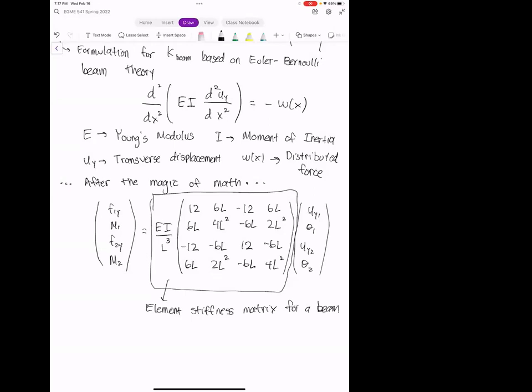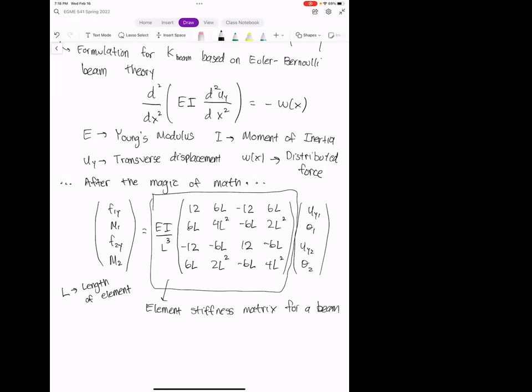The only thing I haven't defined here yet is L, but L has the same interpretation as in our truss. So L here is simply the length of the element. And so that's the element stiffness matrix for a beam.